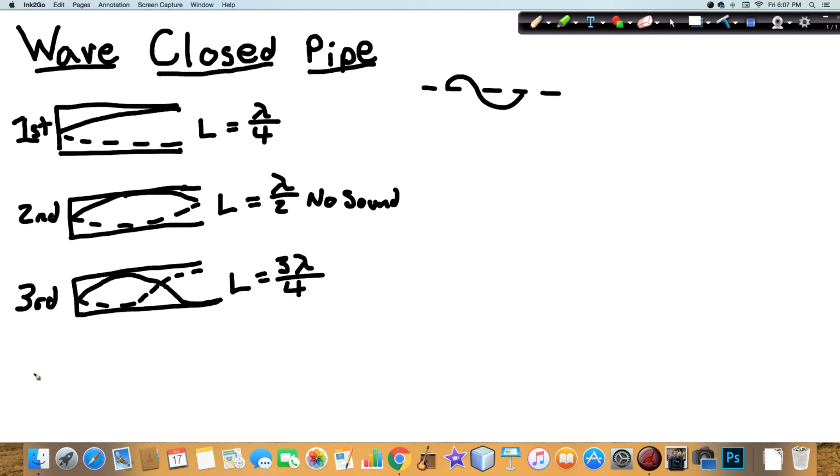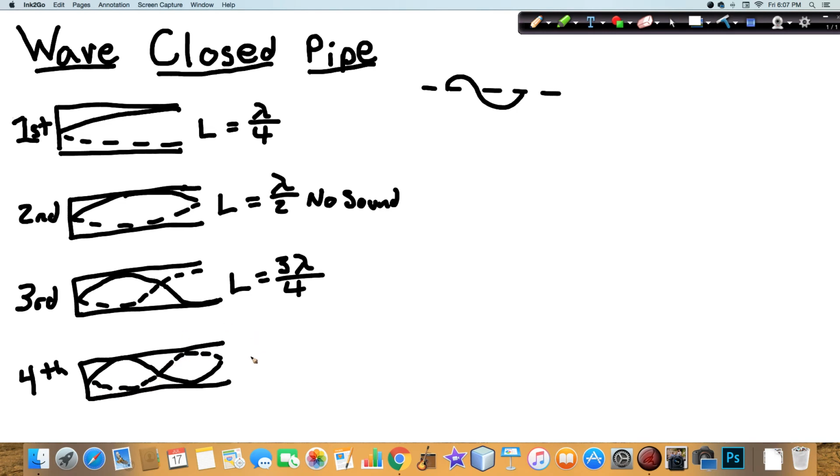And let's go down here to the fourth harmonic. Draw that one really quick. We're going to put 4/4 of a wave inside of our pipe. So we'll have 1 quarter, 2 quarters, 3 quarters, 4 quarters, and we're going to reflect that like so.